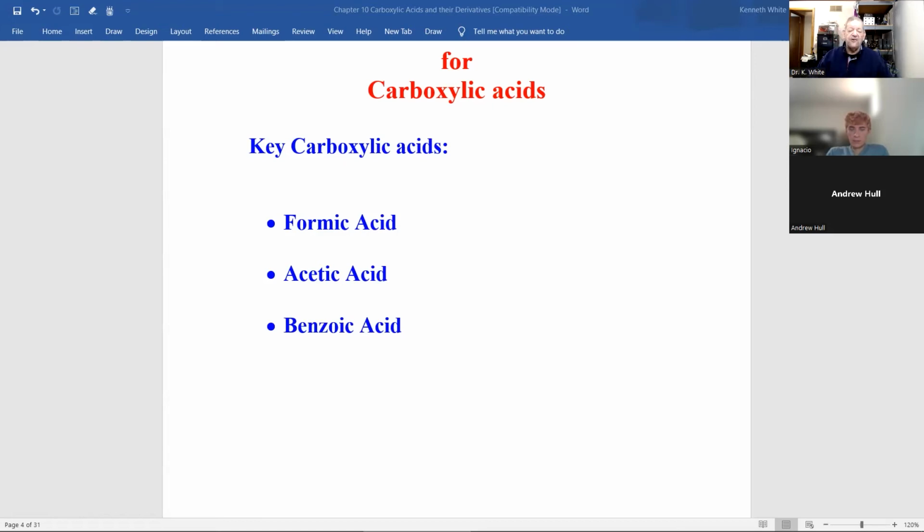And I would ask you, give the IUPAC name for the following molecule. Remember, drop the E, add OIC and the word acid. Six across.